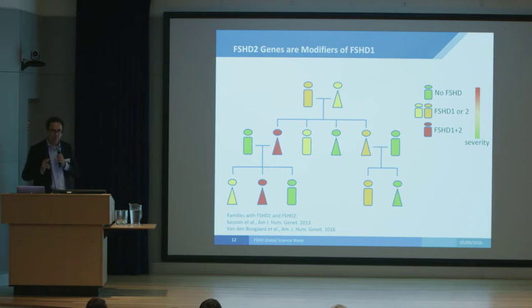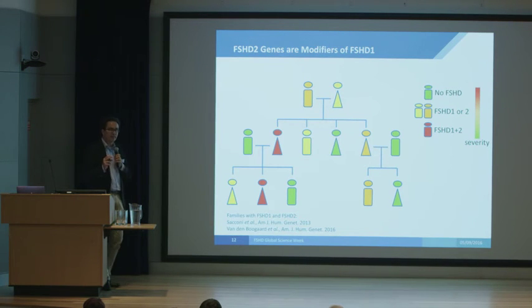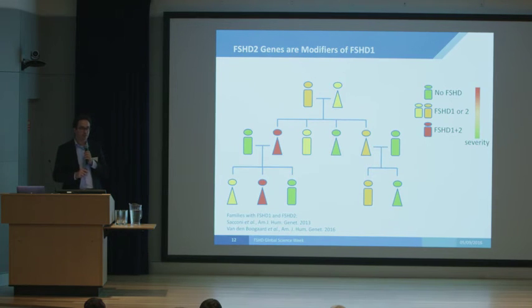And I think, from our studies with families, we are actually finding some clues to this clinical variability. I'm showing here just one of those families that we have analyzed, but we have now many more, where we recognize that there is a co-segregation of FSHD1 and FSHD2. That means in this case that this gentleman over here has a contracted repeat.